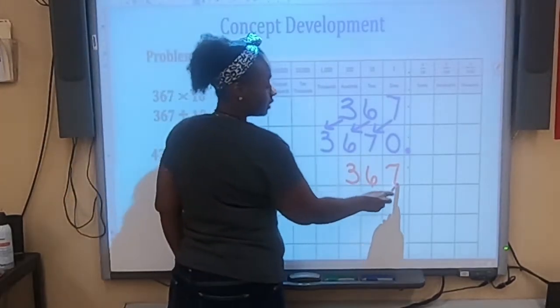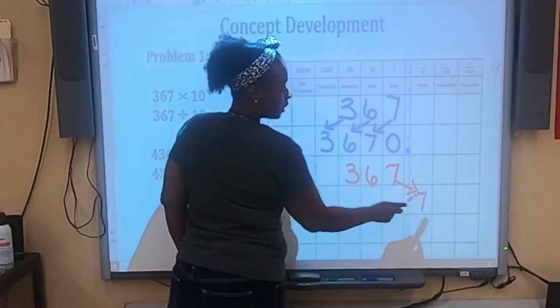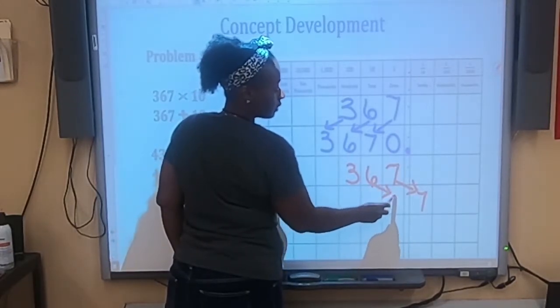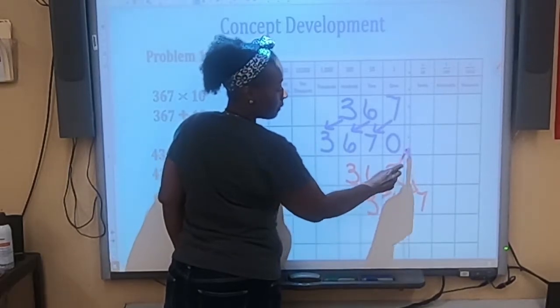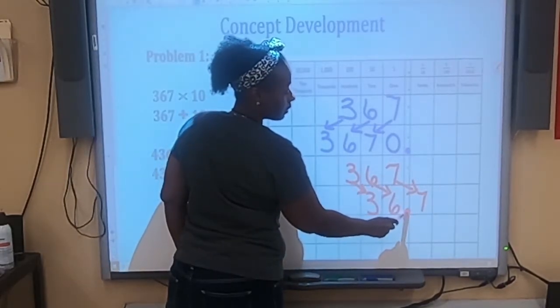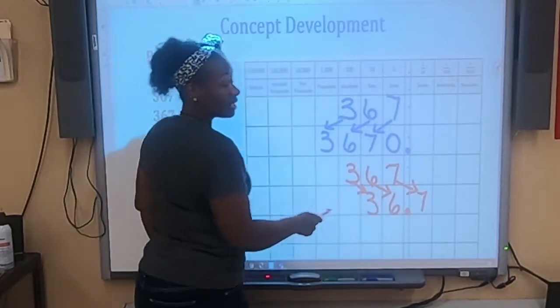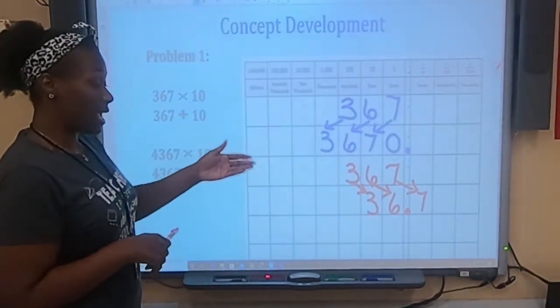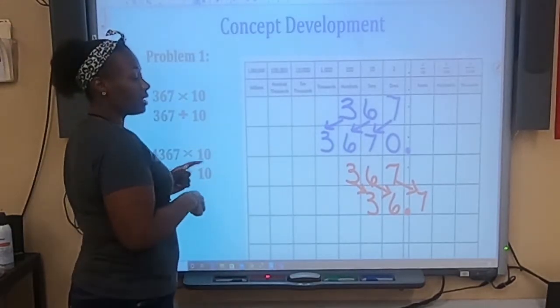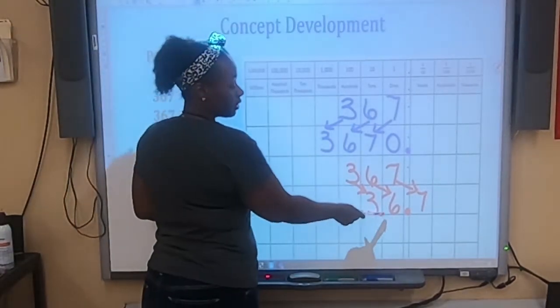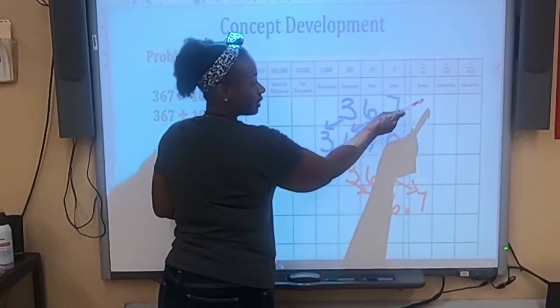My 7 is going right 1 time. My 6 is going right 1 time. My 3 is going right 1 time. My decimal is right here in the middle of the number, which means I don't need to add any zeros because I'm at my decimal. So 367 divided by 10 gives me 36 and 7 tenths.